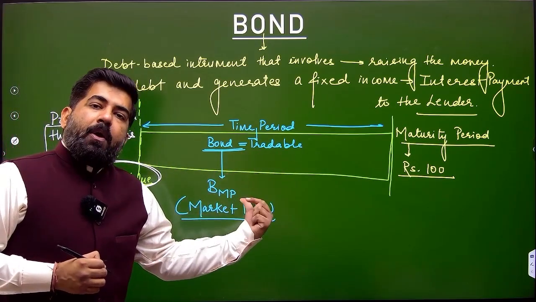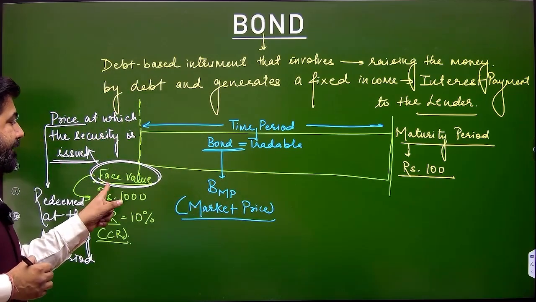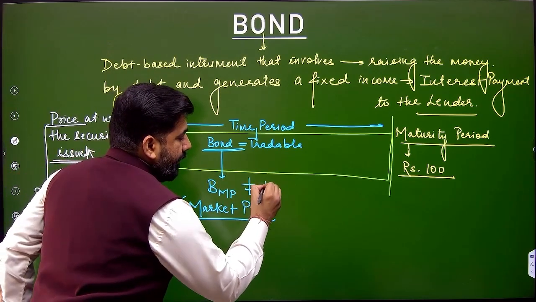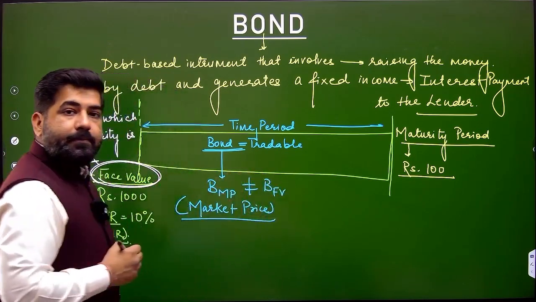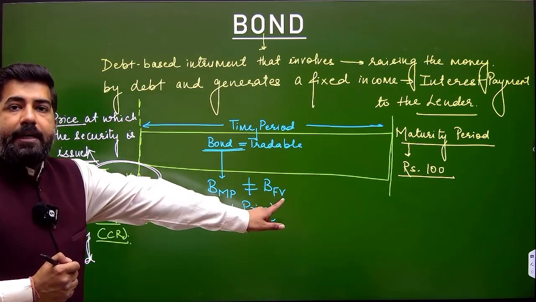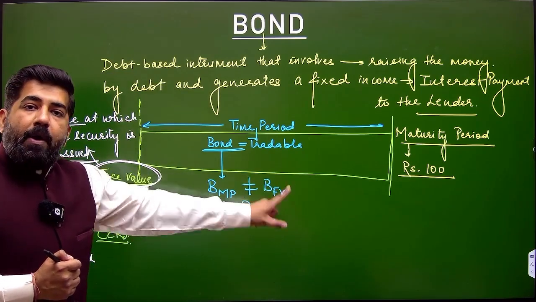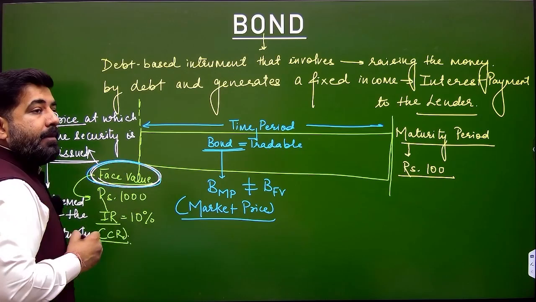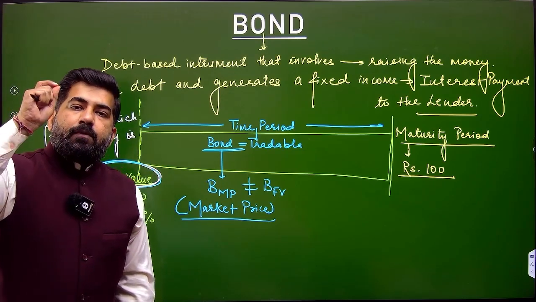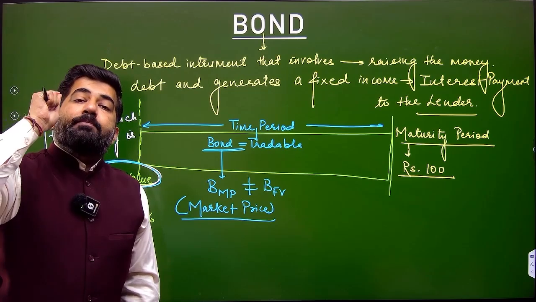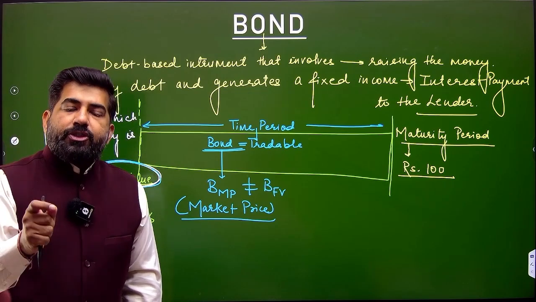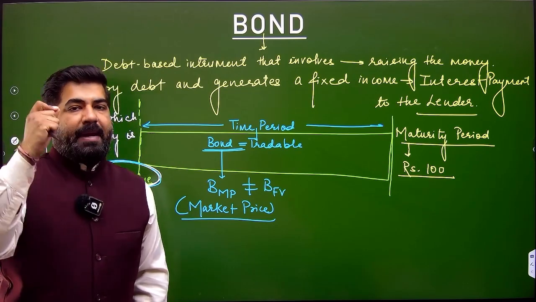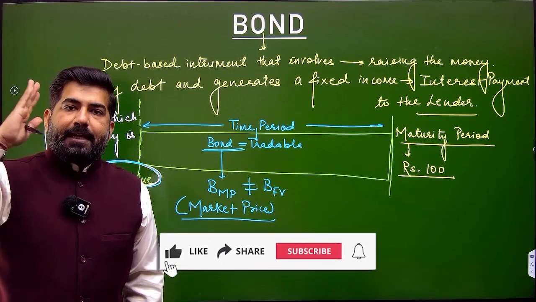Now this bond market price, guys, is different from the bond face value. Bond market price is not equivalent to bond face value. Bond face value refers to the price at which that security is issued by the issuer at the time of issuance.